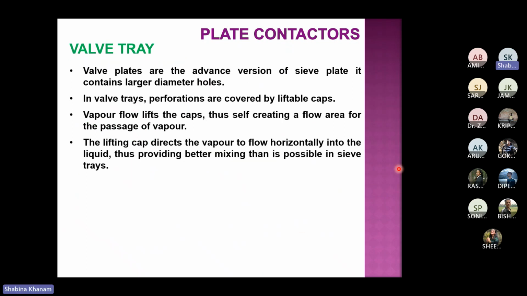Valve trays or plates are the advanced version of sieve plate. It contains larger diameter holes, so a larger flow area is available for vapor to move, and because of that vapor can move upward easily.